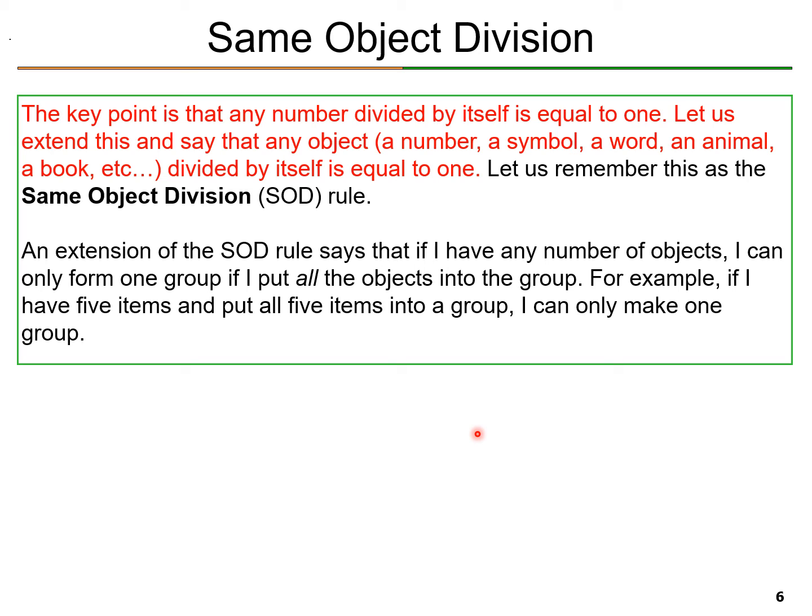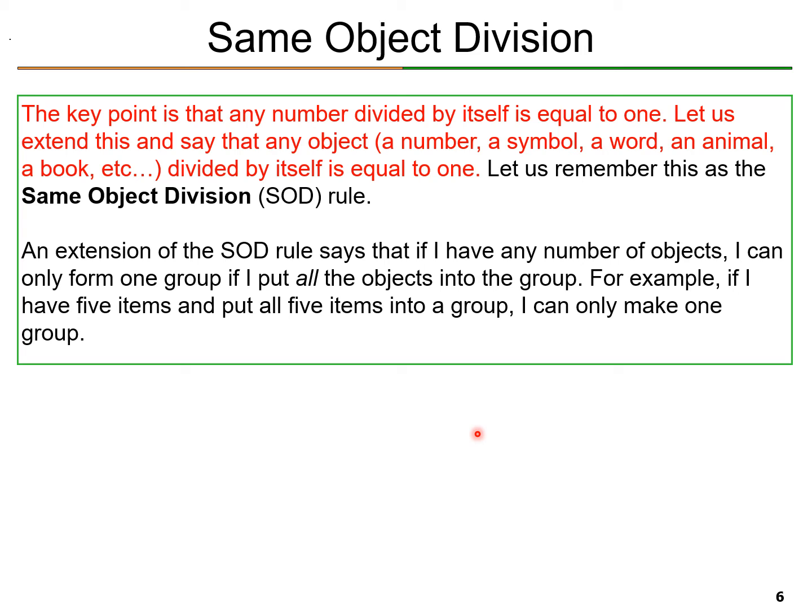Hence, same object division. So we're going to call this the same object division rule. And of course, we can never divide by 0. So 0 is an exception.